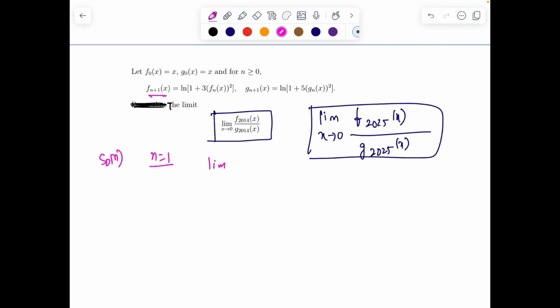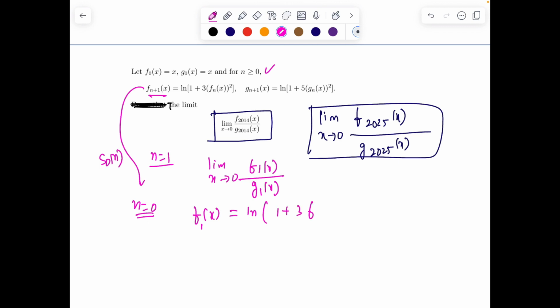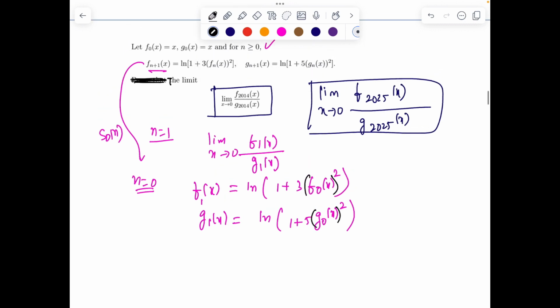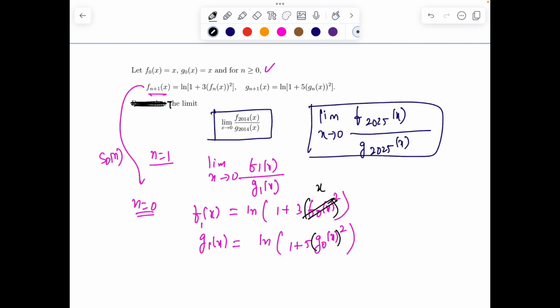With n equal to 1, I want to calculate the limit as x tends to 0 of f1(x) by g1(x). Now one way to reach f1 is, if I put n as 0, because n is allowed to go from 0 to infinity, then f1(x) I'll get as ln of 1 plus, in that functional relation, 3 f naught(x) whole squared, and similarly g1(x) is ln of 1 plus 5 g naught(x) whole squared. So the functions being created here, if you check, f naught(x) is x and g naught(x) is also x, right?